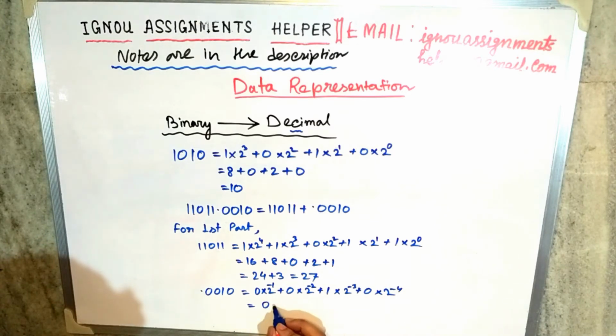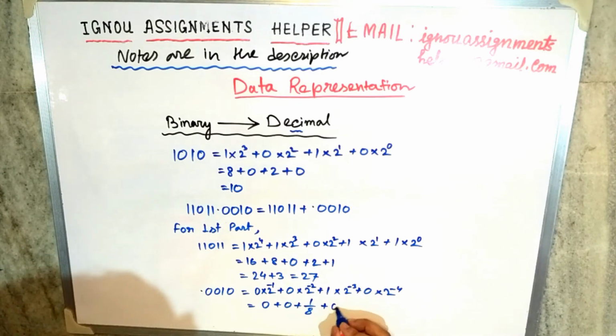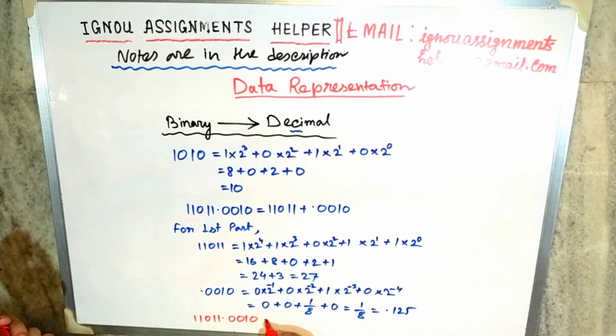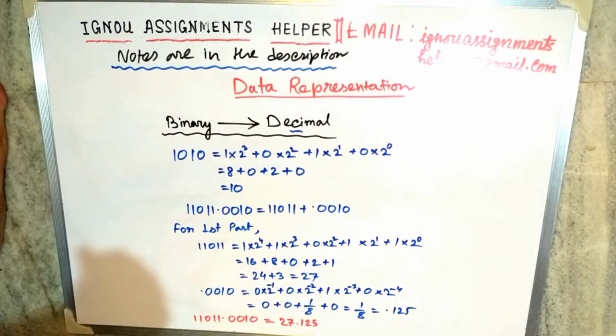So this will be 0, again 0, then 1/8, and again 0. So 1/8 means 0.125, and hence the answer for 11011.0010 will be 27.125.